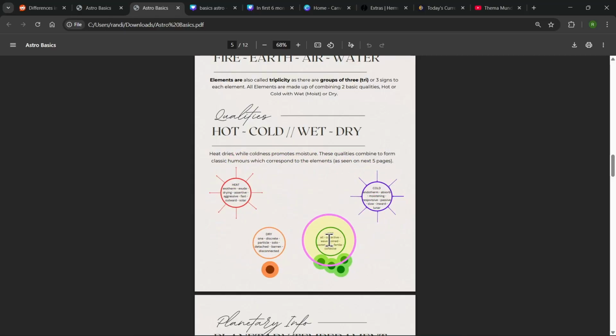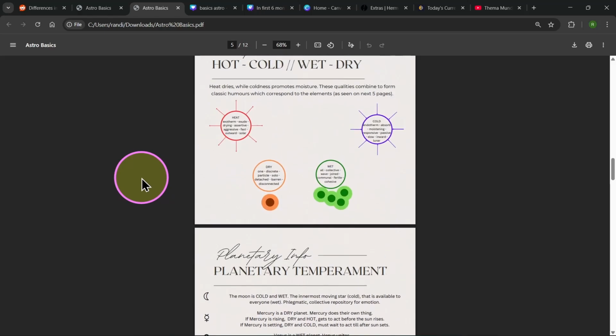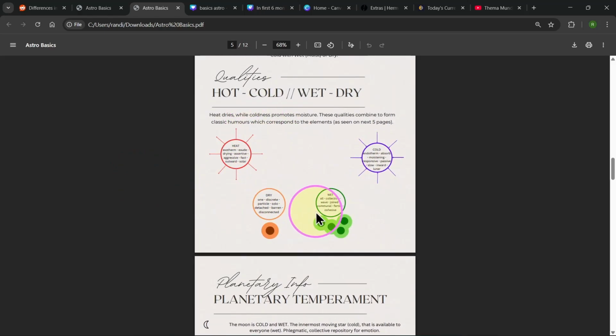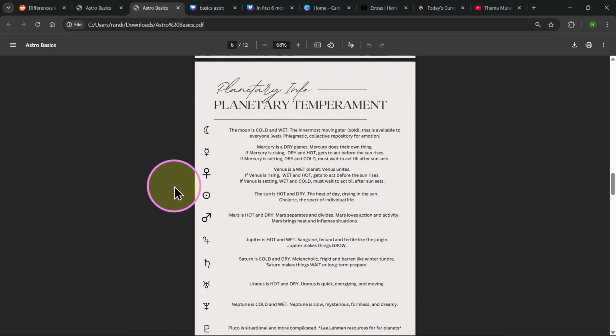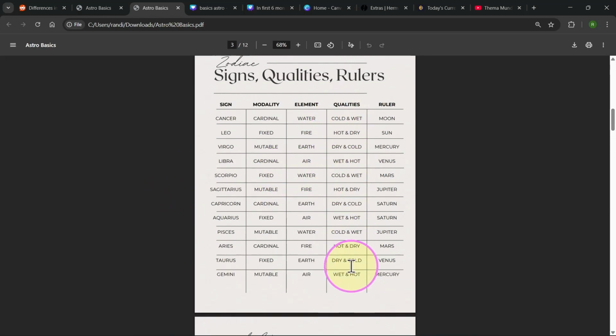I've got bigger versions of this in the other thing, so we'll go there. And so we're going to break that down a little bit. But who else has these qualities? The planets themselves have these qualities. So just as you want to look at the qualities to investigate what does a sign really mean, what is this energy, what is this expression, each of the planets themselves have these qualities as well.